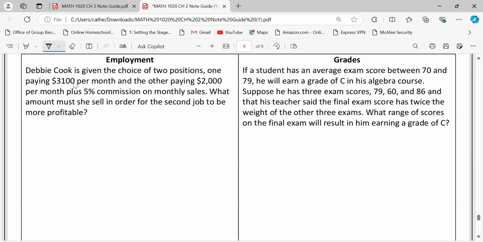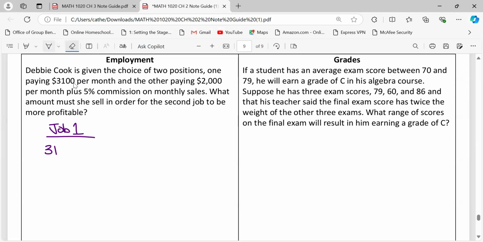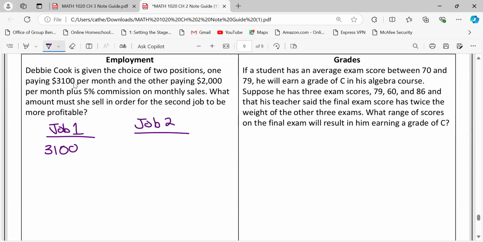All right, so Debbie Cook is given the choice of two positions. The first position pays $3,100 per month. The other position pays $2,000 per month plus 5% on monthly sales.